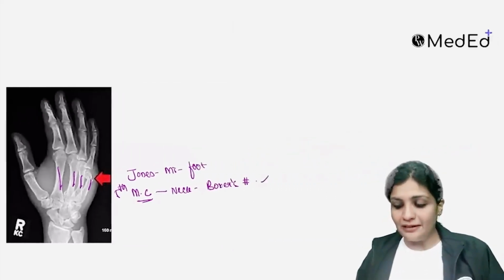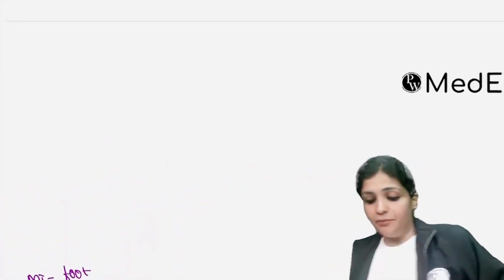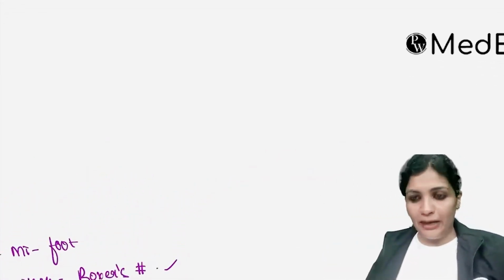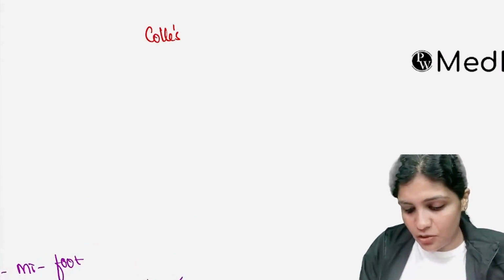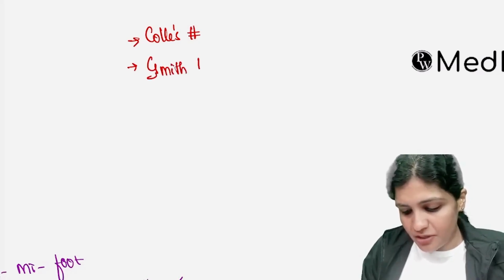Right? So these are certain eponyms, and I will write the eponyms here. You're going to go back home and fill up all these eponyms, right? The first one is your Colles fracture. So what is a Colles fracture? Then what is a Smith fracture?